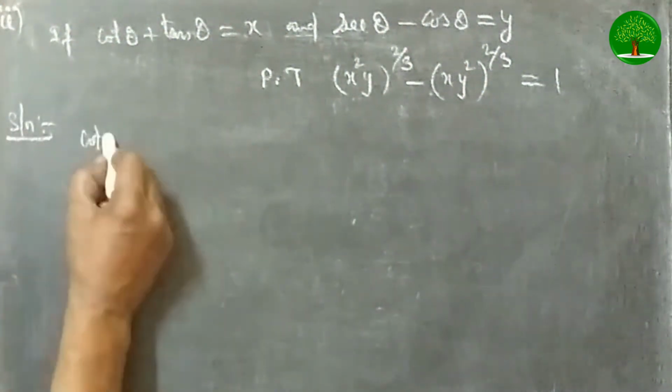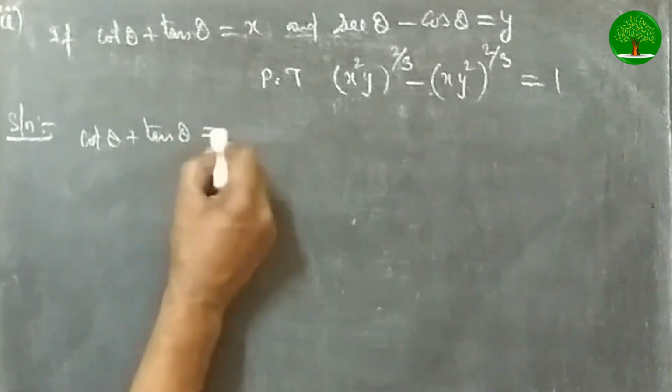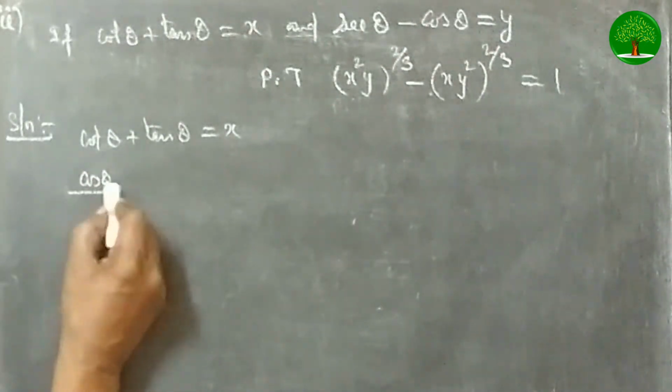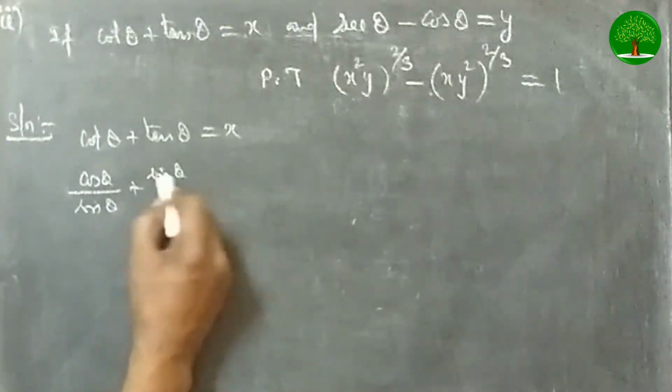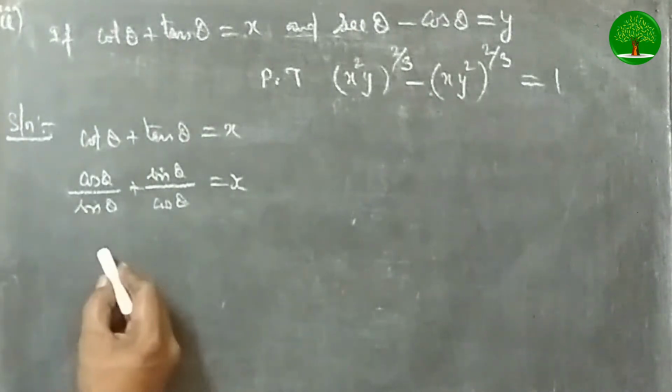Solution is cot theta plus tan theta is equal to x, that is cos theta by sin theta plus sin theta by cos theta is equal to x.